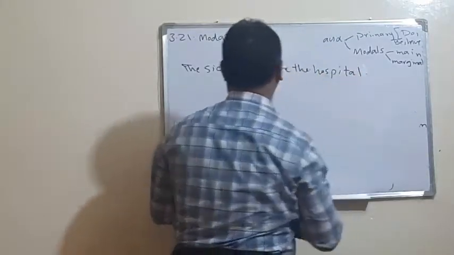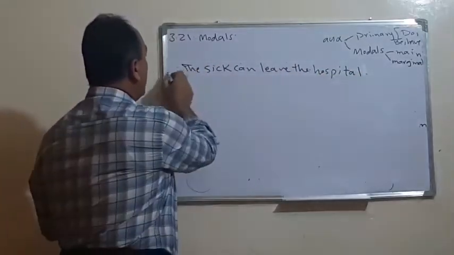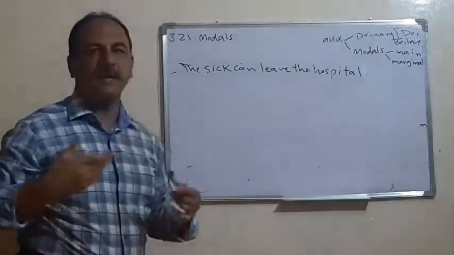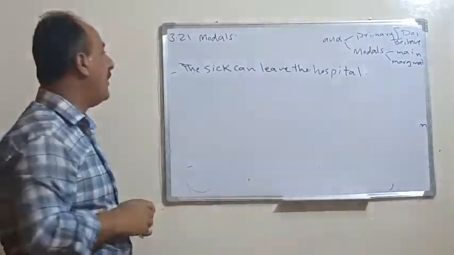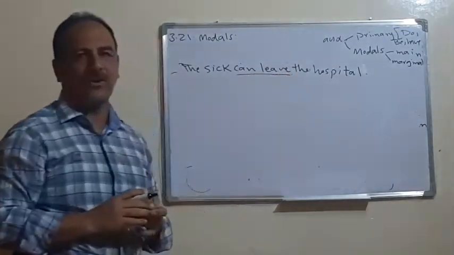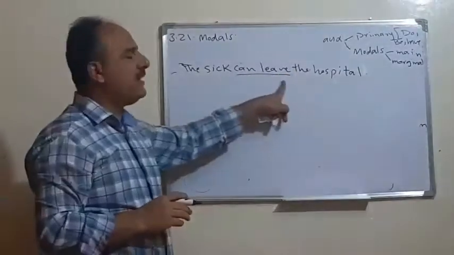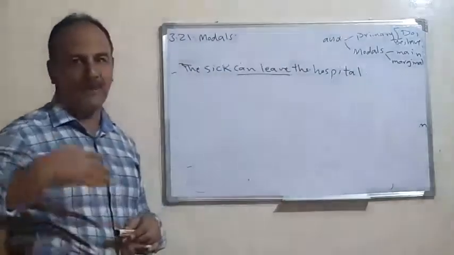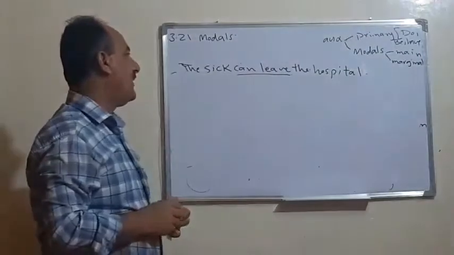First, concerning the meaning, it does not mean that the sick is able to walk and leave. No, it means there is permission for this person to leave the hospital, given for example by the doctor.